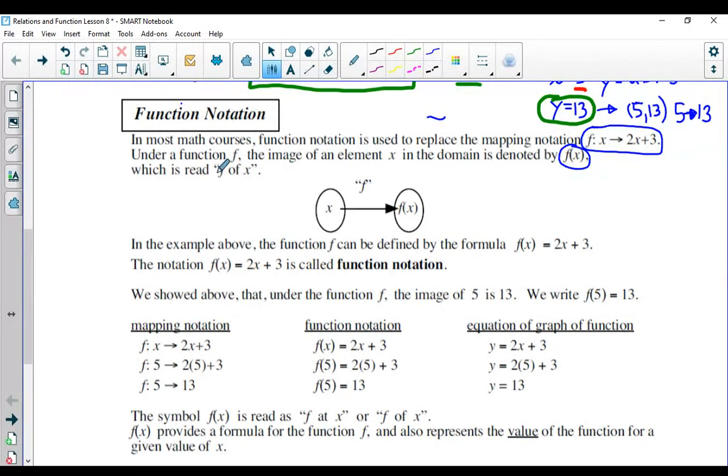The way we read that is f of x. And really what this means is, what is f of x? It means the value of the function at a specific x value.